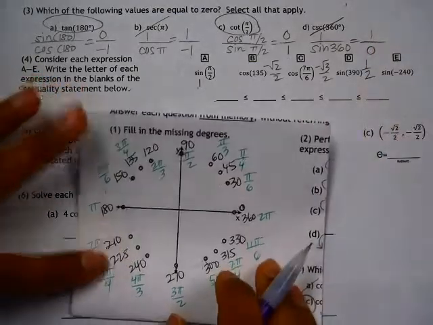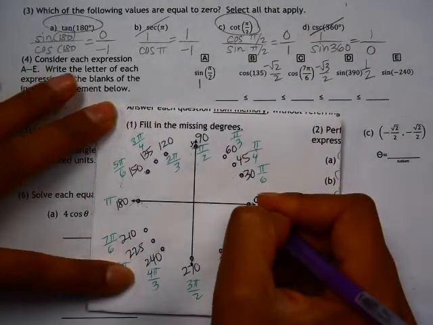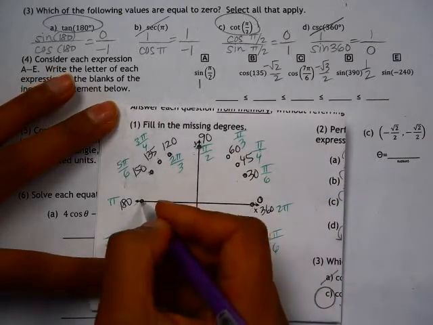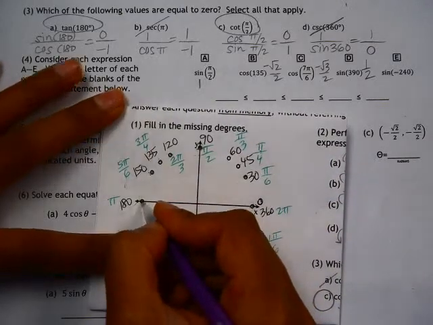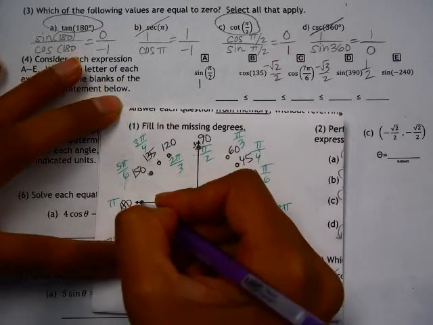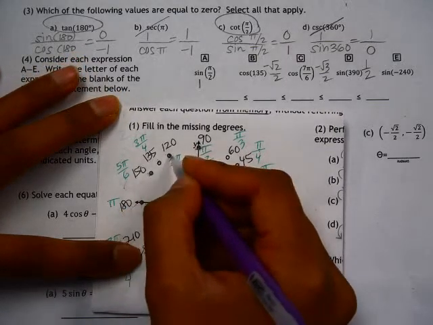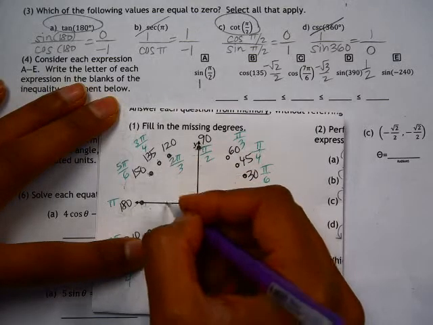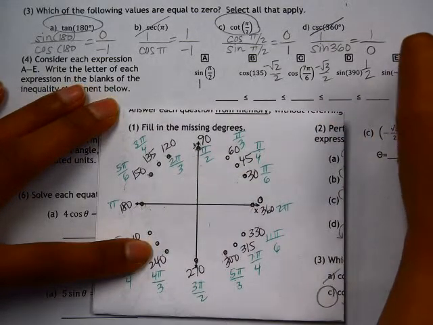And -240 degrees would be 240 degrees in the negative direction. So if this is 180, I need to go another 60 degrees in this direction, which would get us to 120. And sine of 120 is +√3 over 2.